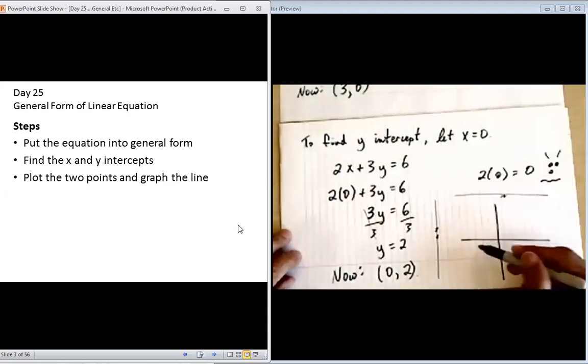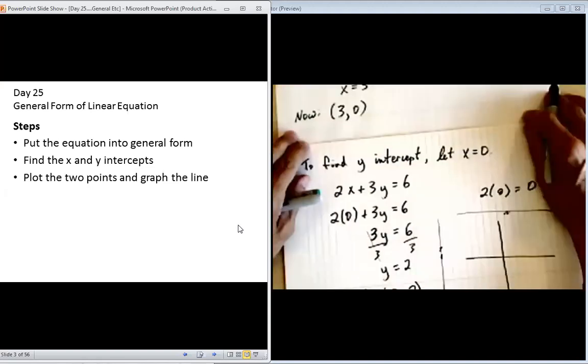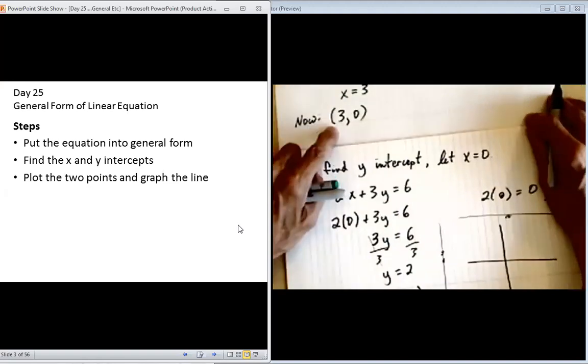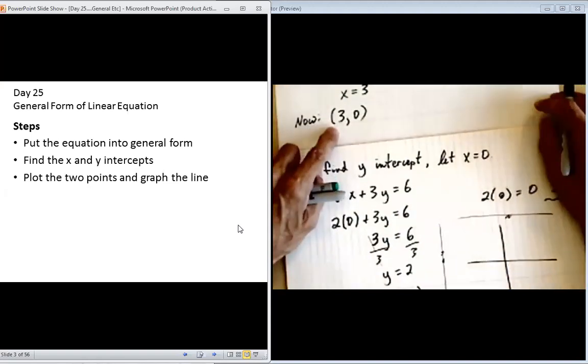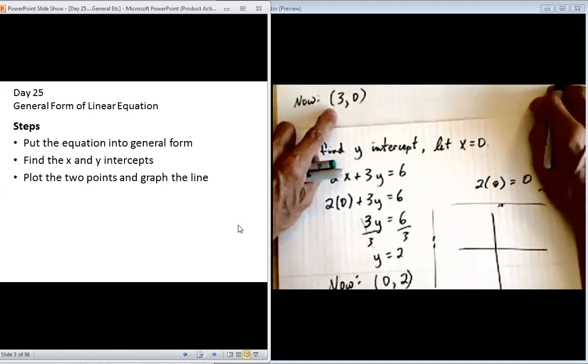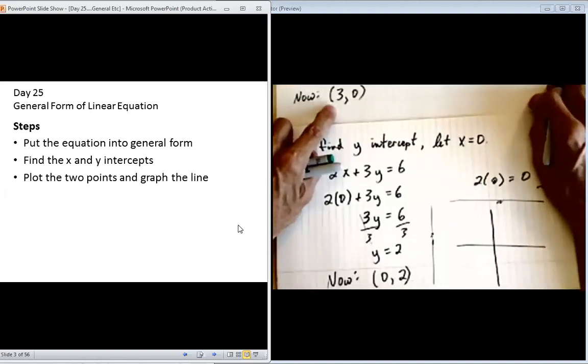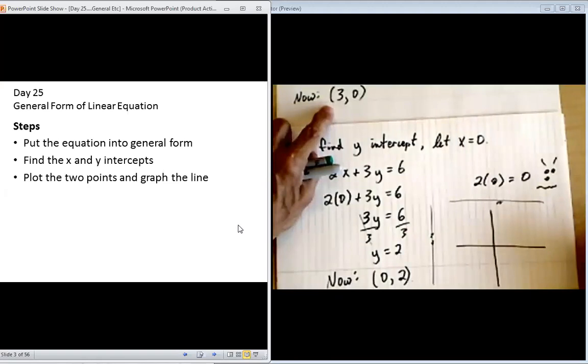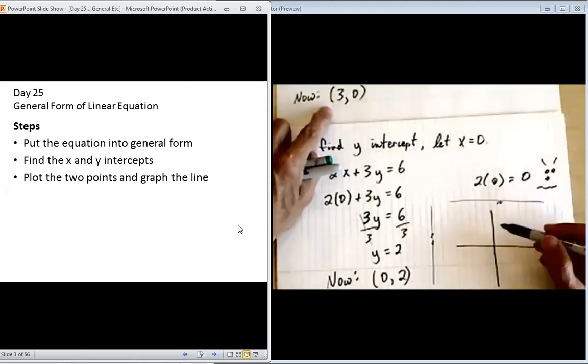Top, bottom, left, or right? 3 is the x, for the 0. So does it go top, bottom, left, or right? So 3 goes to the right.